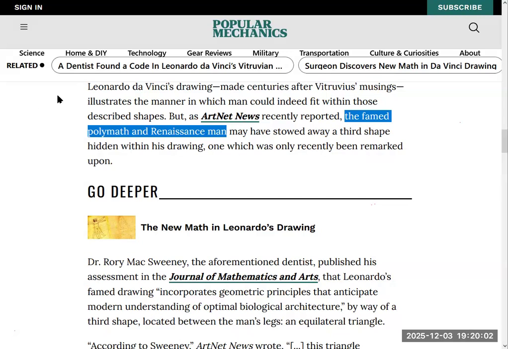Any idea, Yayoi? So famed means well known. Now, what do the other words mean then? Polymath, place. I don't know. Or Renaissance.